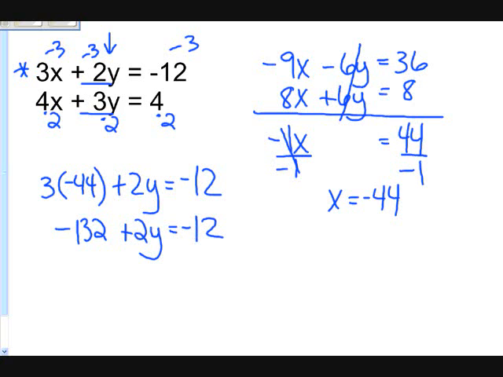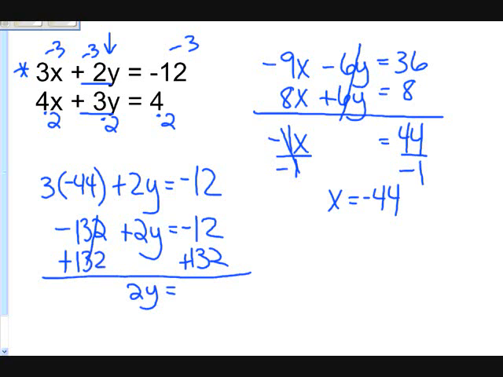And now we want to get y by itself, so I'm going to add 132 to both sides, and we have 2y is equal to 120. Divide both sides by 2, and y is equal to 60. So the point where these two intersect is negative 44 and 60.